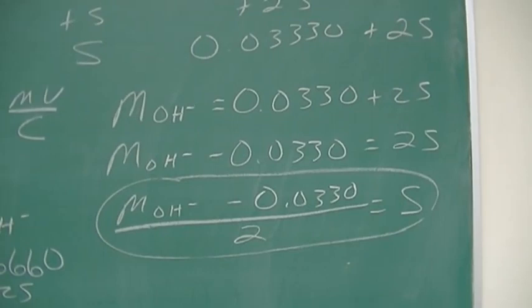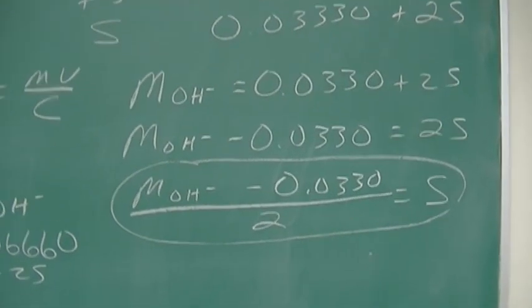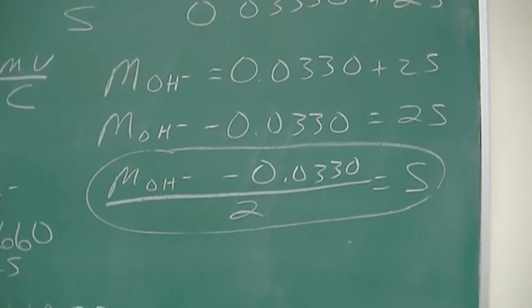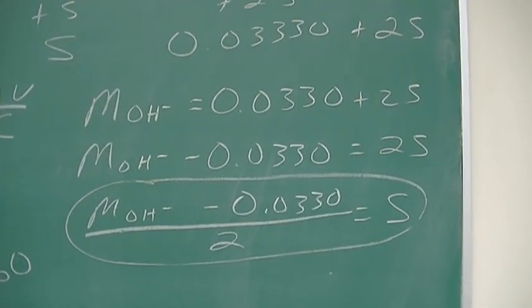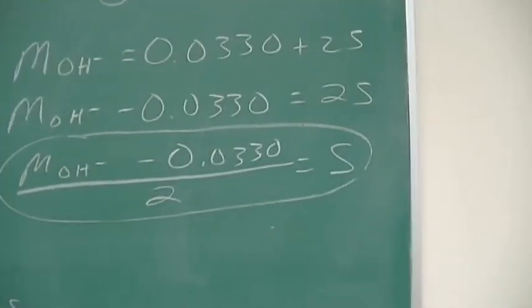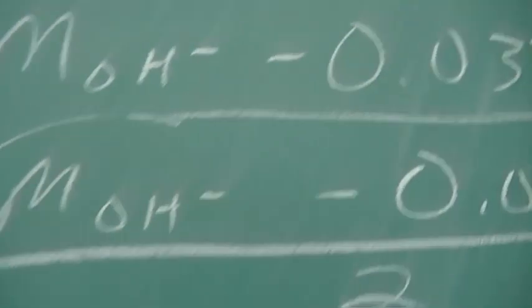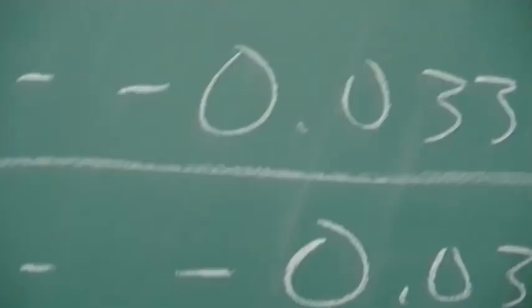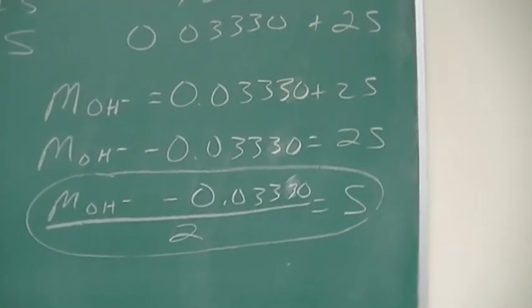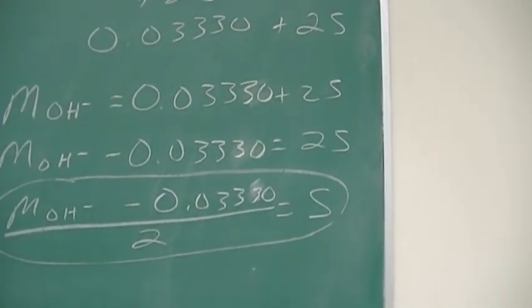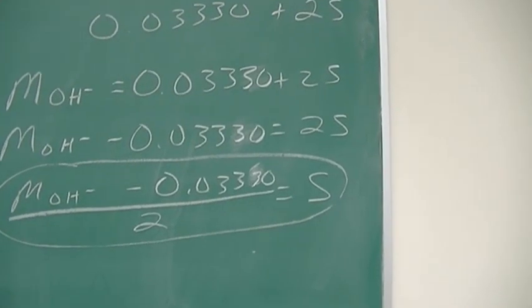All right, and so your molarity of your OH minus is 0.03330 plus 2S.